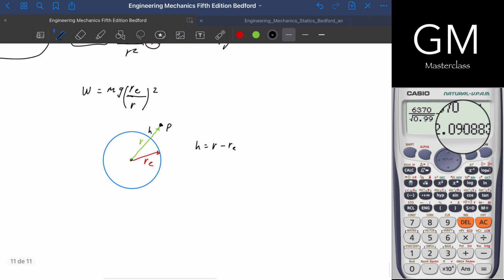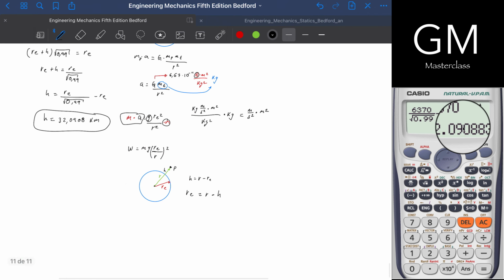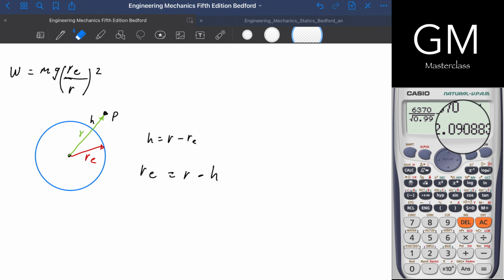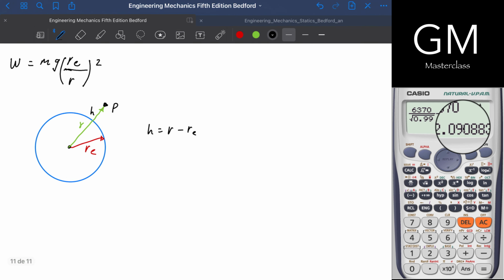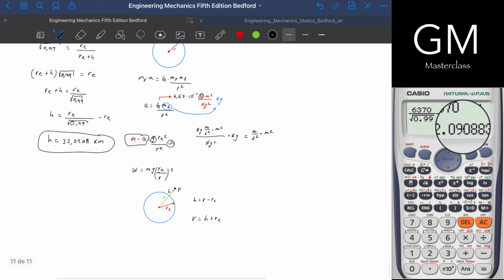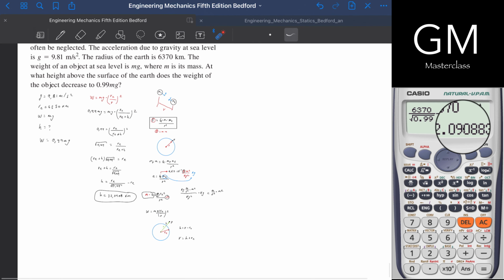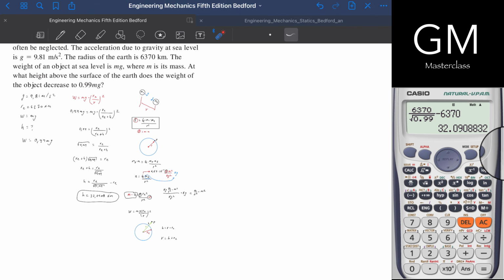So if I reorder this, RE is equal to R minus H. I'm sorry, I didn't want to do this. I want to solve it for R. So R is equal to H plus RE. Now guys, this is how this exercise could be solved.